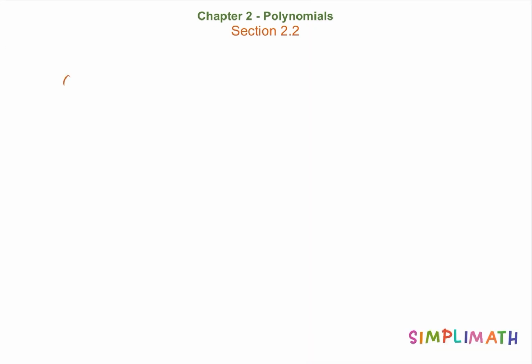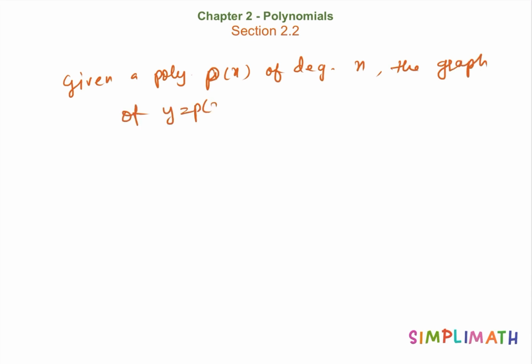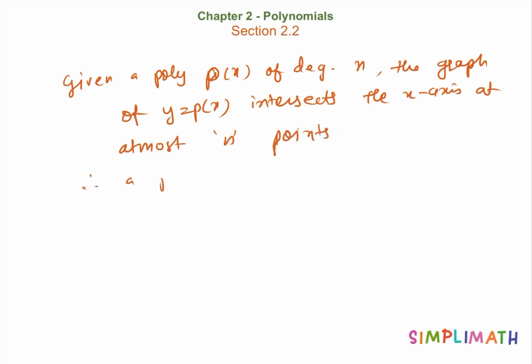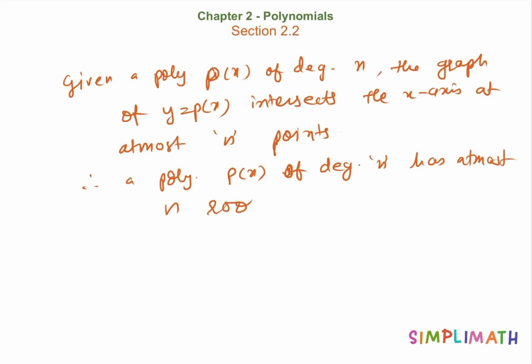So we can generalize this as: given a polynomial p of x of degree n, the graph of y equals p of x intersects the x-axis at most n points. Therefore, a polynomial p of x of degree n has at most n roots.